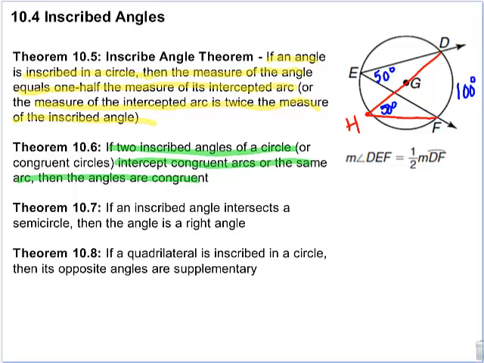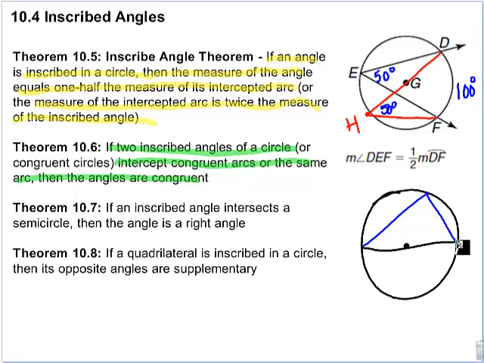Theorem 10.7, we're going to have to draw a circle out for this. If an inscribed angle intercepts a semicircle, so what's a semicircle? Half a circle. So there's my semicircle. So we have an inscribed angle intercepting that. The angle is a right angle. Why does that make sense?